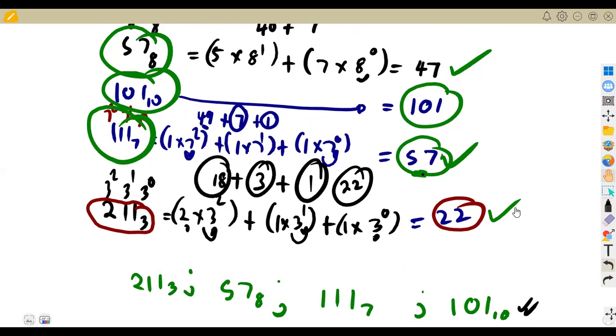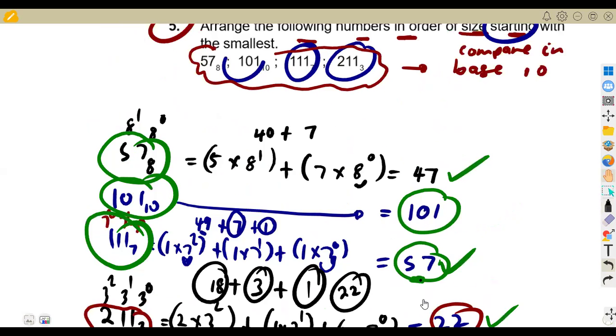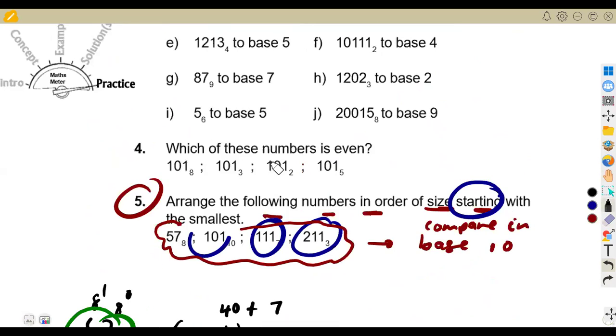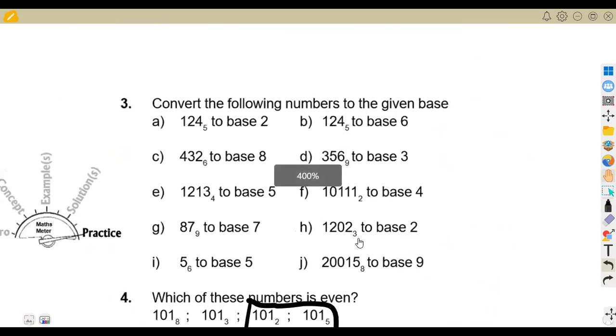This is what you're supposed to have in your simplification. I want you to try the other questions that we had here. See which one of these is an even number, and on these conversions, just work through the questions that we left here.